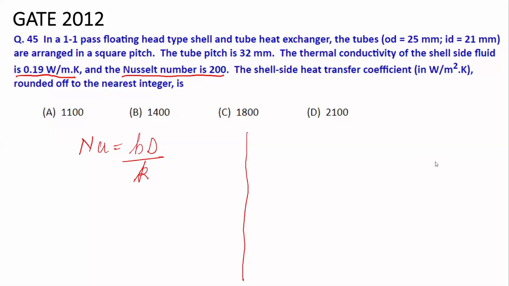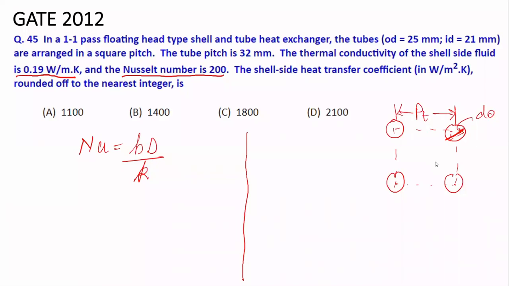So I will discuss the derivation also in short today. So we have these 4 tubes nicely arranged in a square pattern. This distance is the pitch. This is the outer diameter, and this is the diagram.